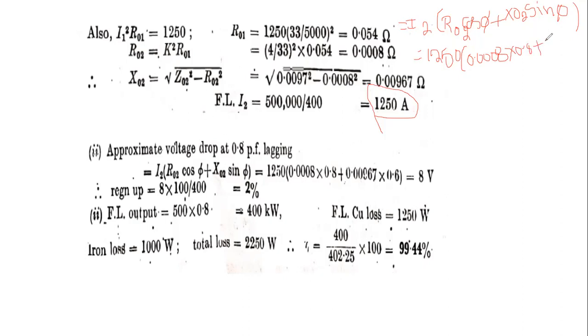That is 0.00967 into sin phi, which is 0.6. Then we obtain 8 volts.